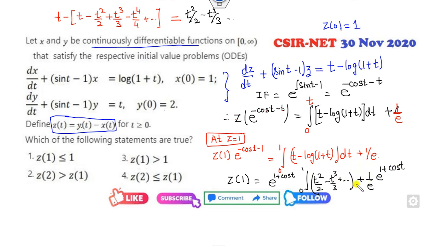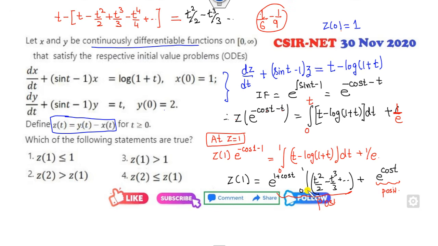Fine. Now I can take this component, this number, as nothing but e raised to the power cos of t. Now this number is positive, because if you integrate them, it will be t cube by 3, that's 1 over 6, 1 over 9, and it's a positive number.